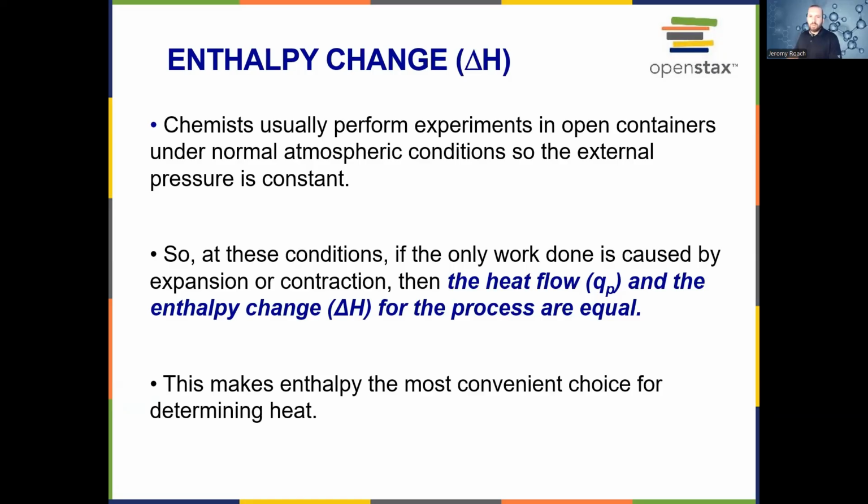If the work done is caused by expansion or contraction, the heat flow, Q sub P, and the enthalpy change delta H for the process become equal. The sign of delta H tells us heat flow. The physical states also have to be included, so it's going to tell us if it's gas, liquid, solid, or aqueous. The amount of energy corresponds to the coefficients in front of them.